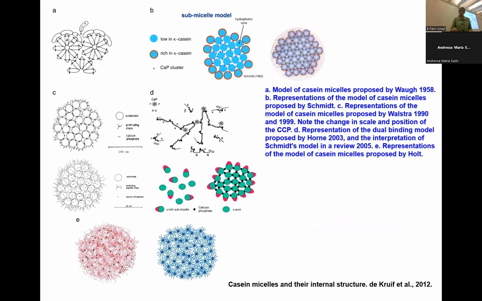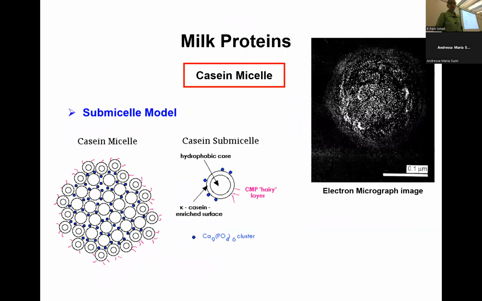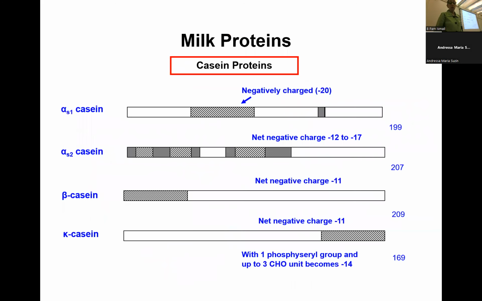So I want to go back a little bit. Kappa casein is hydrophobic, and the tail end of it is glycosylated. That tail end is the one that would be mostly on the outside, stabilizing the casein micelle because of its negative charge and because it's glycosylated.